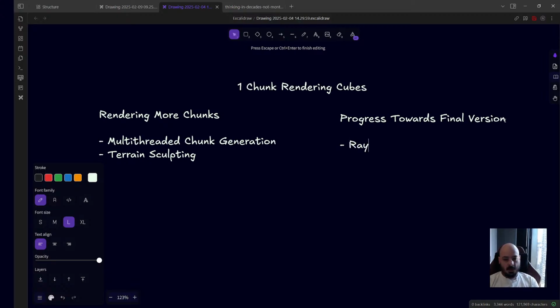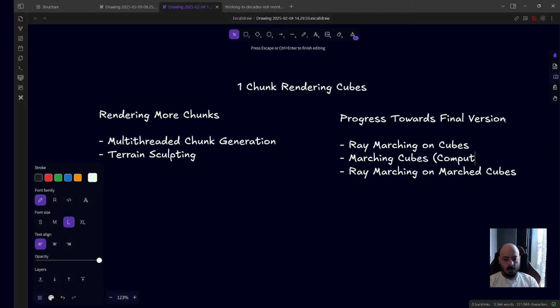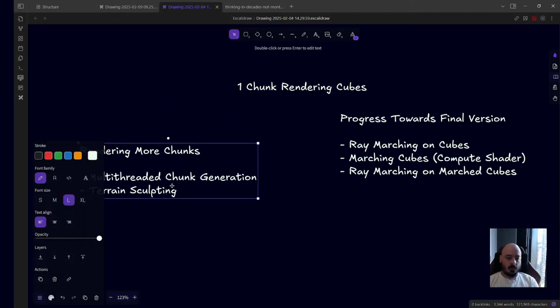So this would be implementing maybe ray marching on cubes, and then later ray marching on marched cubes. That would mean I had to implement marching cubes in the compute shader, I'm guessing.